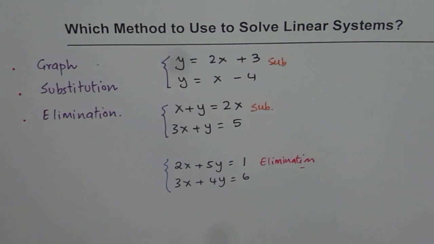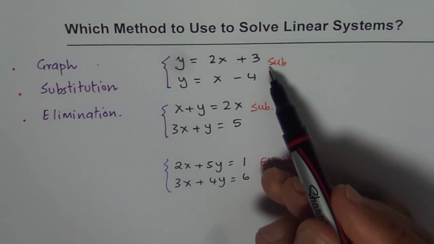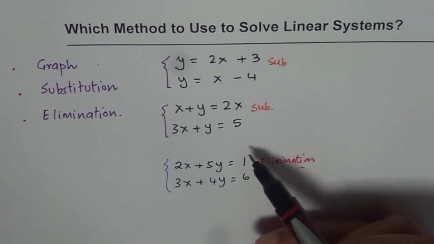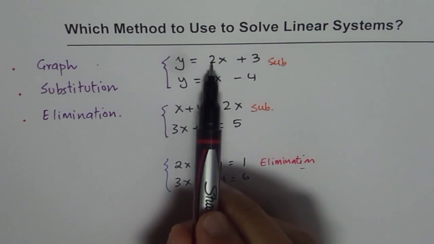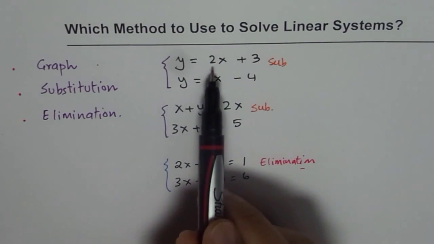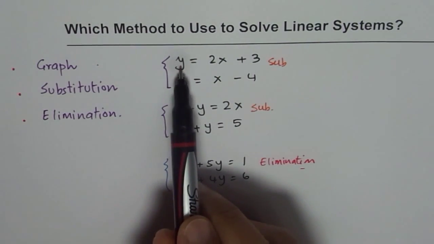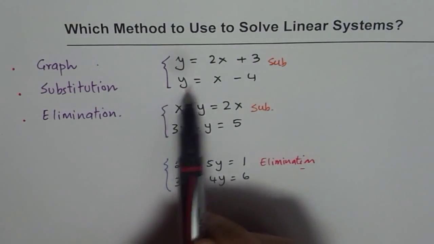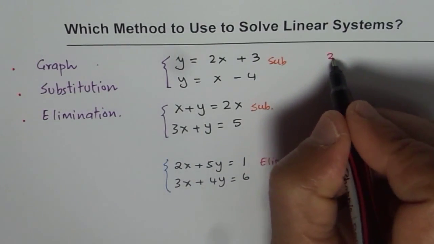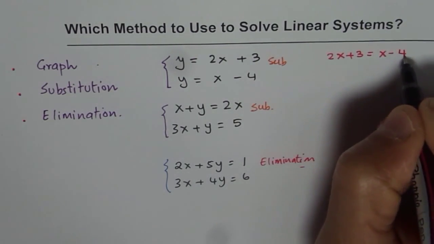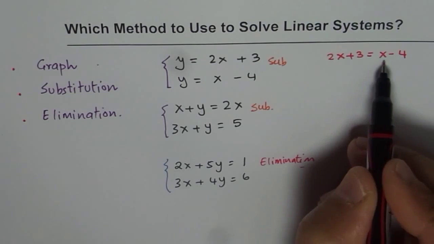Remember one thing, that whenever you are doing substitution, actually you are doing elimination only. For example, if I look into this method in detail, substitution really means that y equals 2x plus 3. You may substitute this value here, and so you will get 2x plus 3 equals x minus 4. This is an equation in one variable.